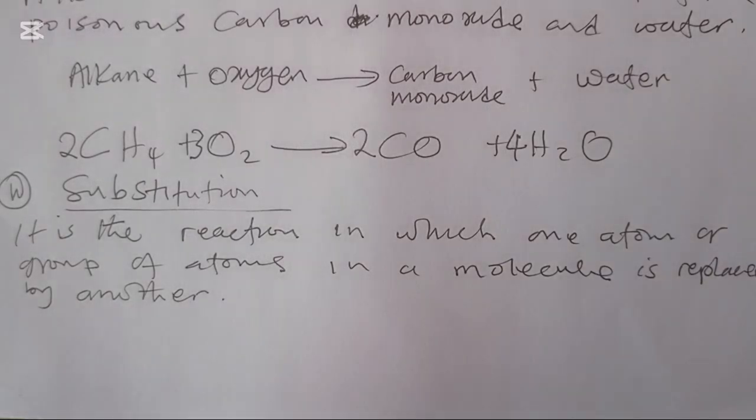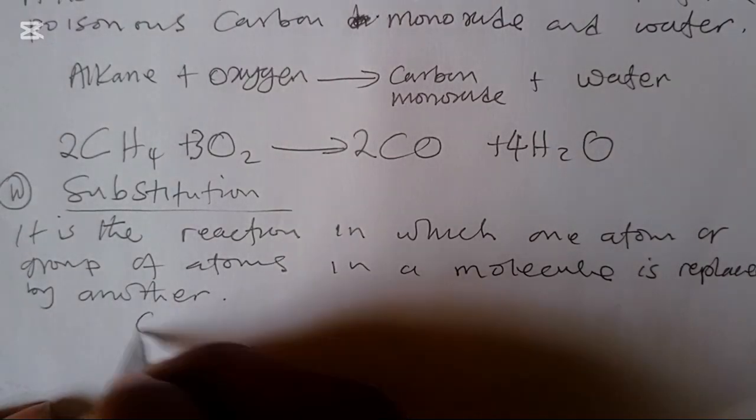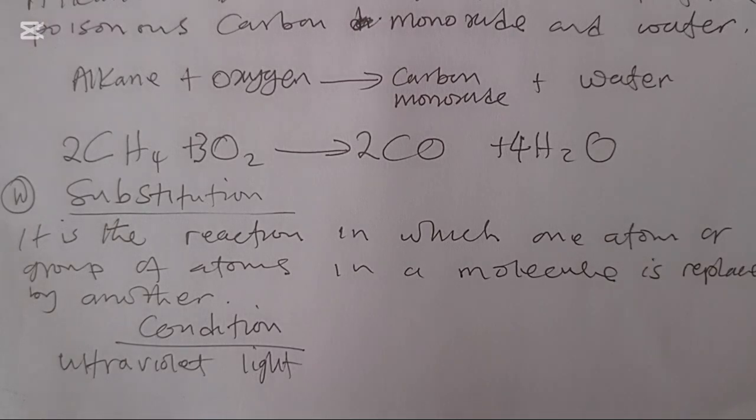So now, the alkanes, they undergo substitution under conditions, so there are two conditions for substitution reaction. Substitution reaction of alkanes must take place under high light intensity, then also high temperature.